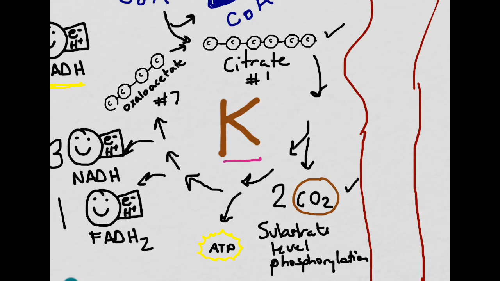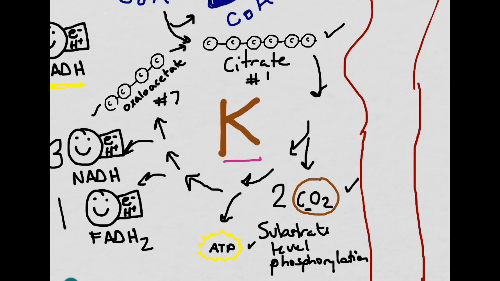So we get 1 ATP out of this process with 1 pyruvate. Okay, and we'll get 2 carbon dioxides out of it as well. And through these steps, we will eventually regenerate oxaloacetate. So we remove 2 carbons, right? What's left? 4 carbons. Perfect. Ready to join up with another acetyl-CoA.